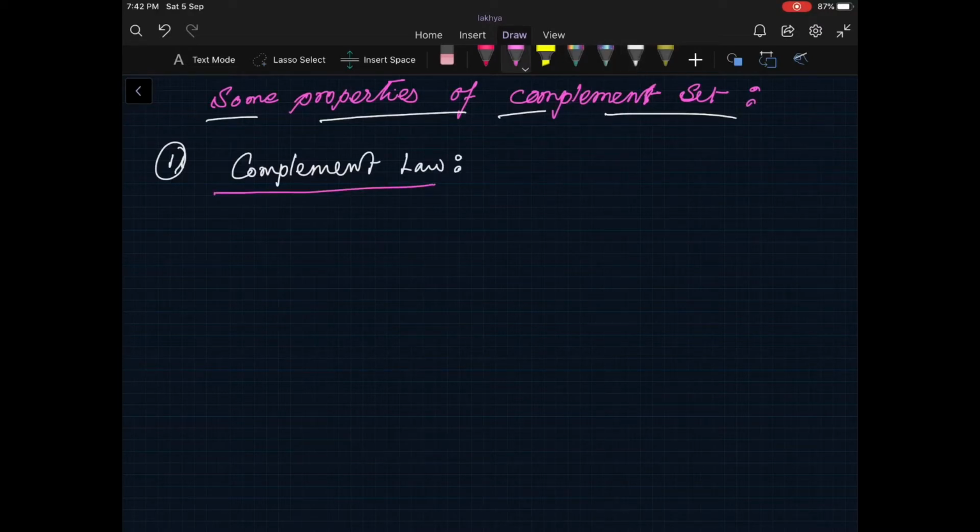So what are the complement laws? Number 1, A union A complement is equal to U, that means universal set. Number 2, A intersection A complement is phi.